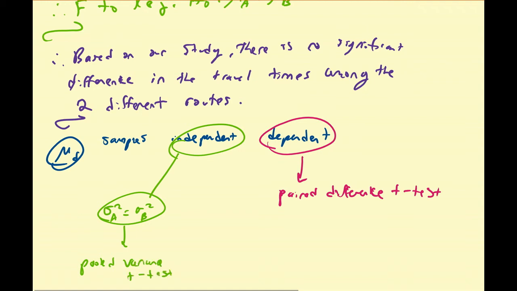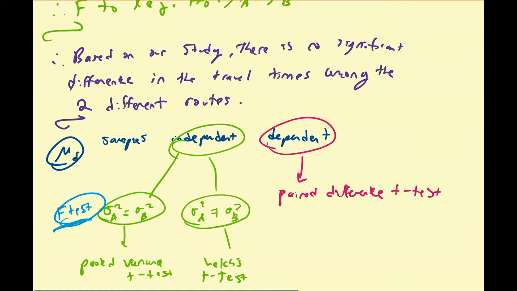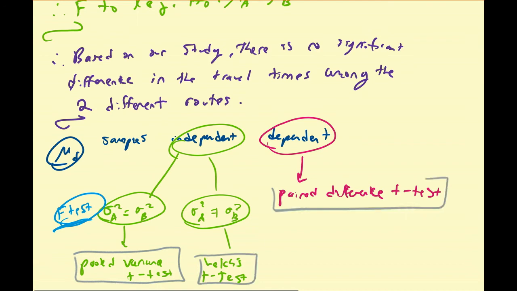And if the variances are not equal to each other, then you're going to use a Welch's unpooled variance t-test. And remember, you can test the equality of variances with an f-test if you want, if this is not given to you. But this is pretty much an outline of your 3 different hypothesis test strategies for testing for the population mean difference.